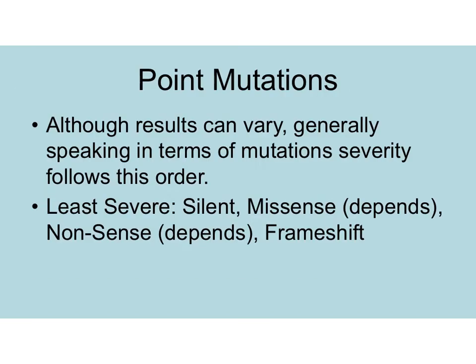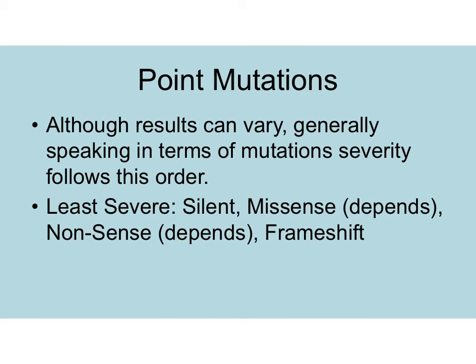All right, so generally speaking, although results vary, the order of severity is the least severe is going to be a silent. The next is going to be a missense, and it depends on one amino acid off or 10 amino acids off. But if it's only 1 or 2 amino acids off, then it's usually less severe than a nonsense. Nonsense means early stop codon, and it also depends on how early.